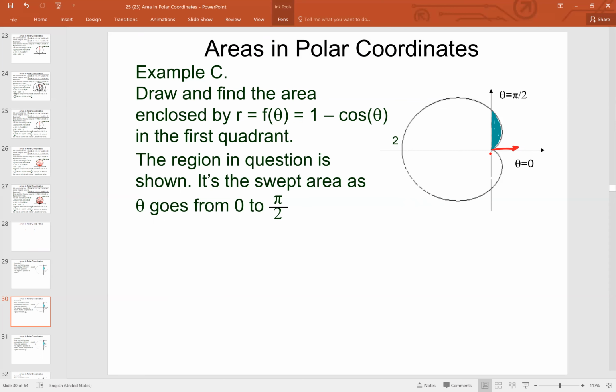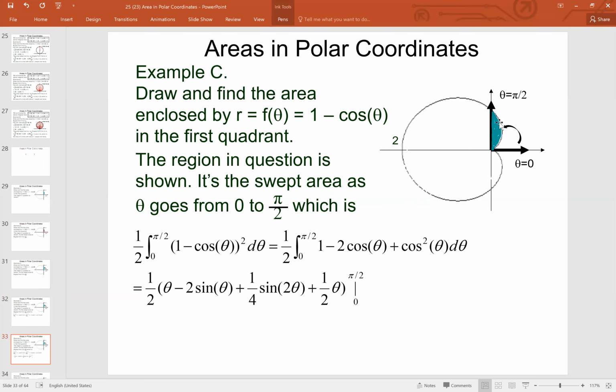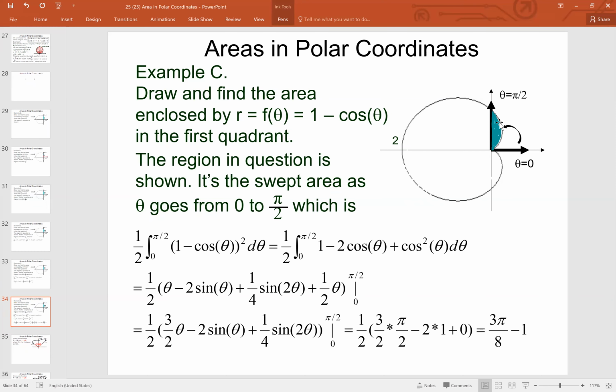When theta equal to 0, it starts over here. As theta goes to theta equal to pi over 2, it sweeps out this little area. So in particular the angles go from theta equal to 0 to theta equal to pi. So you integrate the square of the cardioid, and the rest is just calculations.